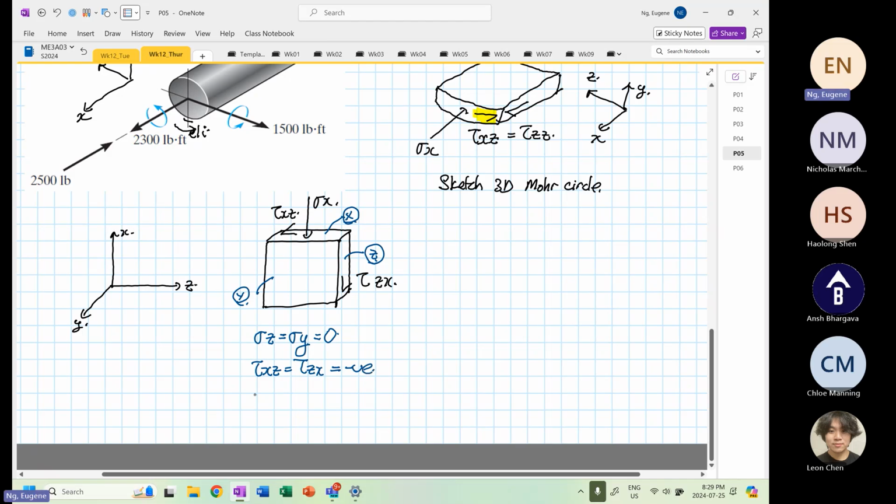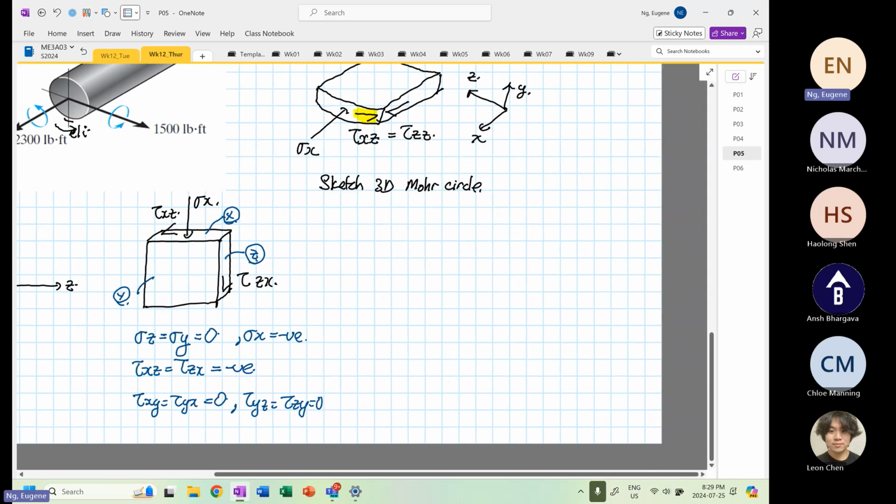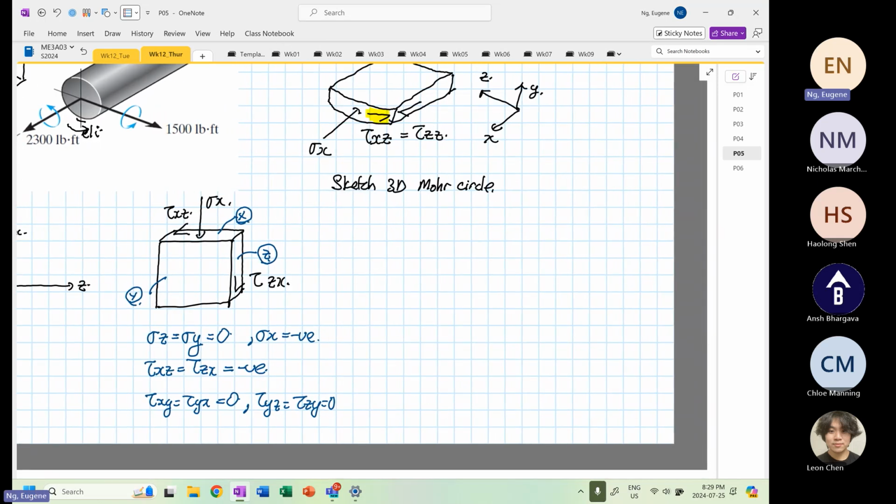Then we know that shear XY is equal to shear YX is equal to 0. We also know that shear YZ is equal to shear ZY is equal to 0. And we know that the normal stress X is in compression. From here, we are going to sketch the 3D Mohr circle.